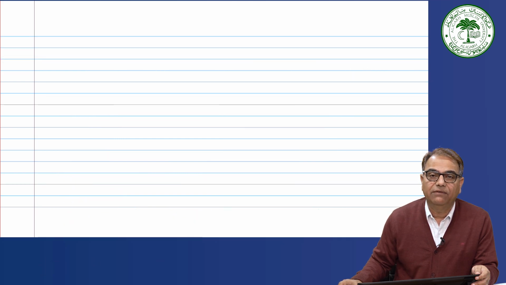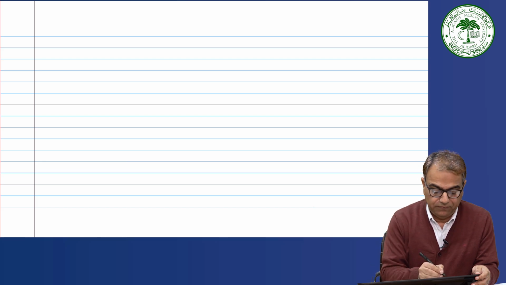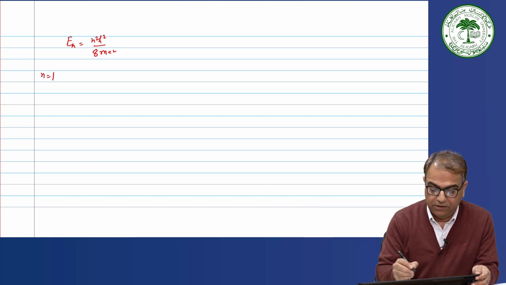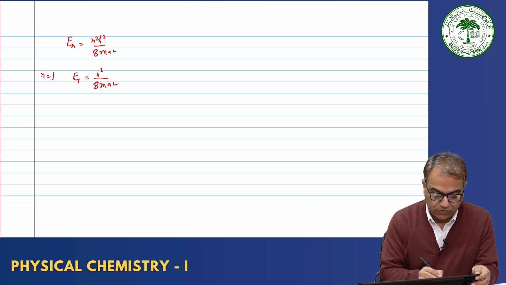Now since we have done energy value also, let us look at the energy value. Energy value was En is equal to n square h square divided by 8 ma square. So if I keep n is equal to 1 and I write E1 value, then E1 is equal to h square divided by 8 ma square.